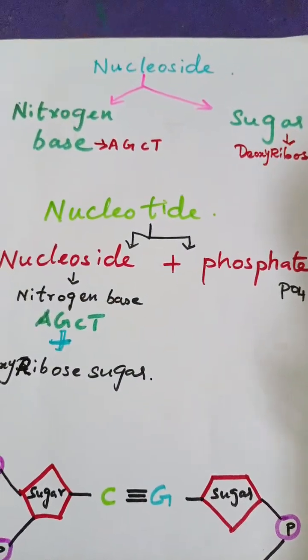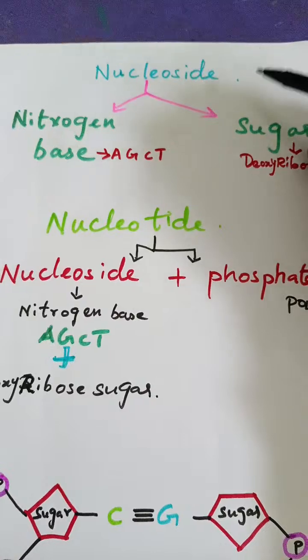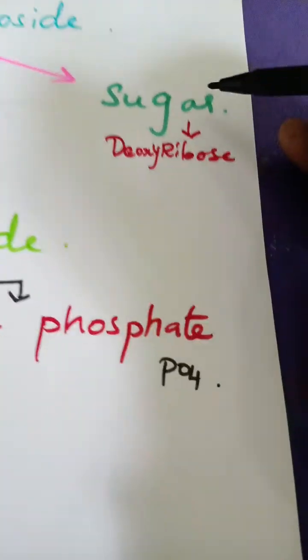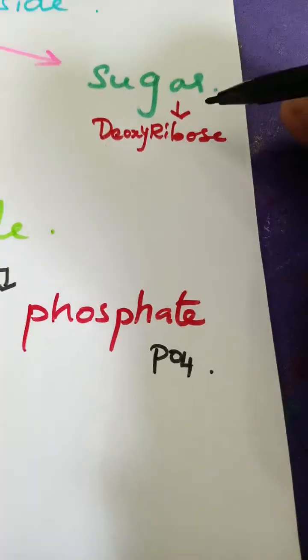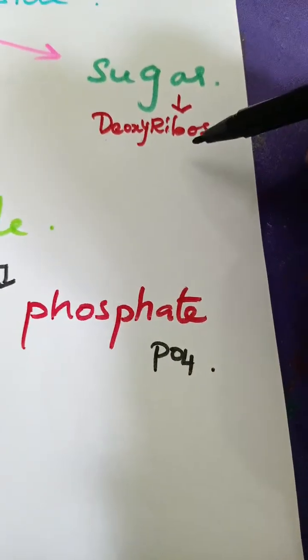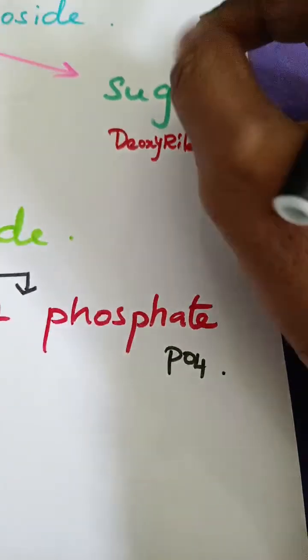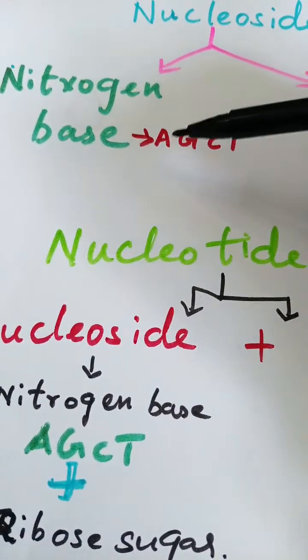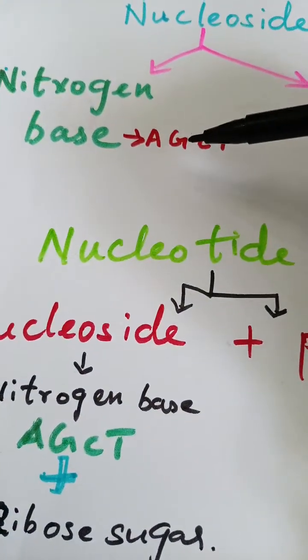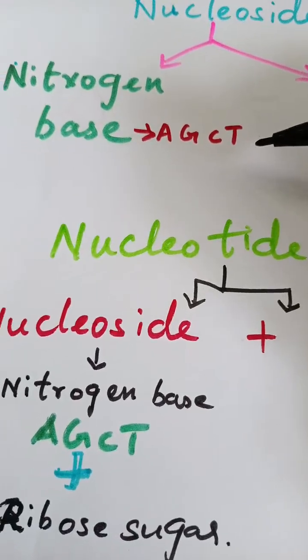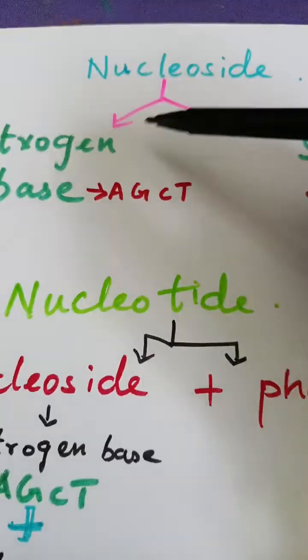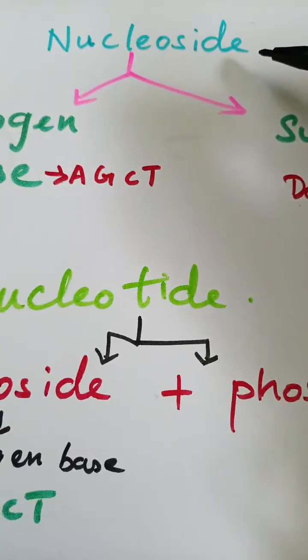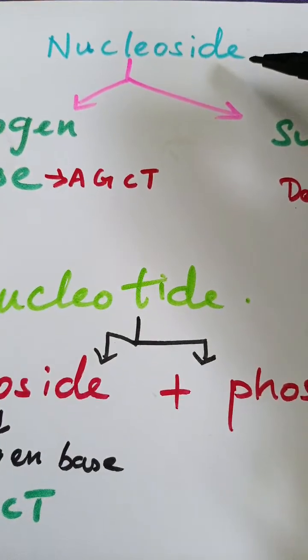the nucleotide is not formed all of a sudden. First it will have the sugar. Just now I told you, sugar deoxyribose, and this sugar will form a bond with the nitrogenous base, that is adenine, guanine, cytosine, and thymine. Okay, so this is the first part of the nucleic acid, that is the nucleoside.